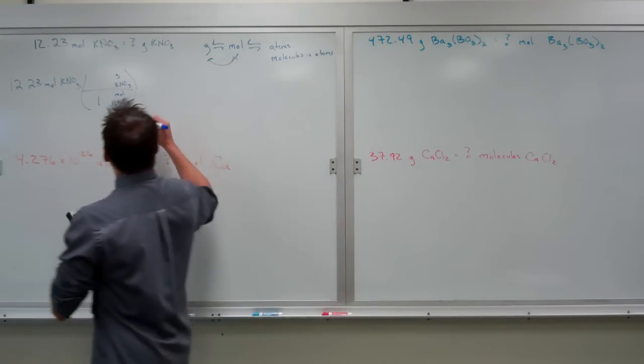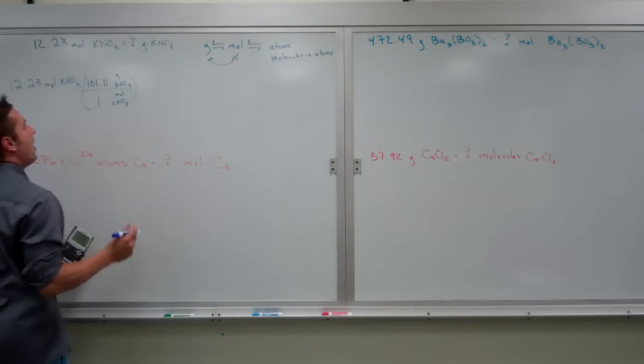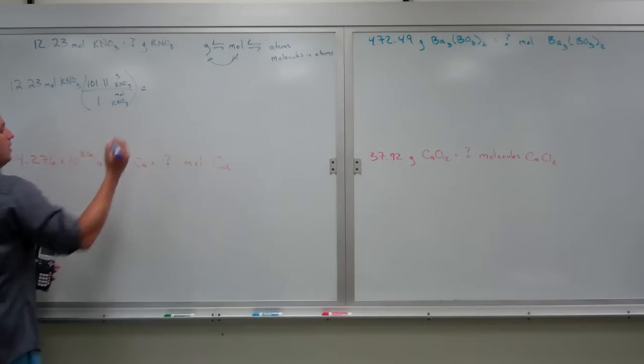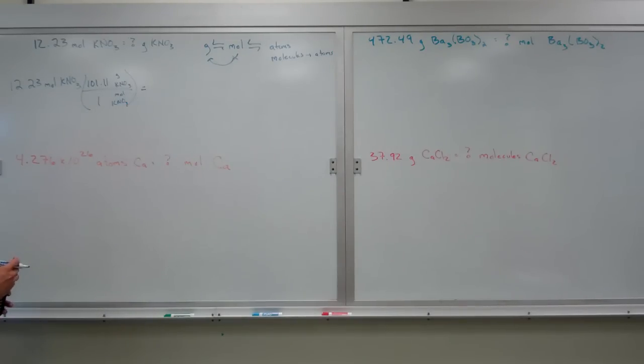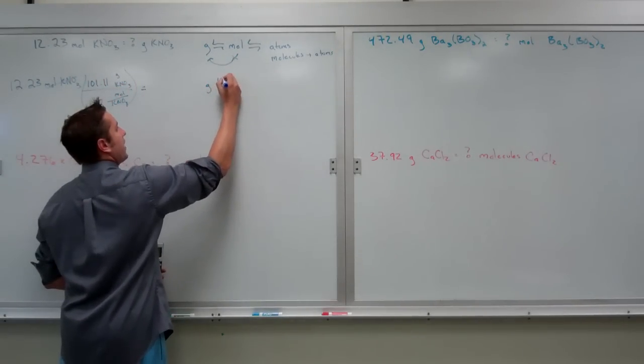That gets us a grand total of 101.11 grams KNO3. Remember, off the periodic table, you always go 2 places past. From here, it's just a matter of watching my units and my sig figs. Moles cancels, leaving me with grams of KNO3.